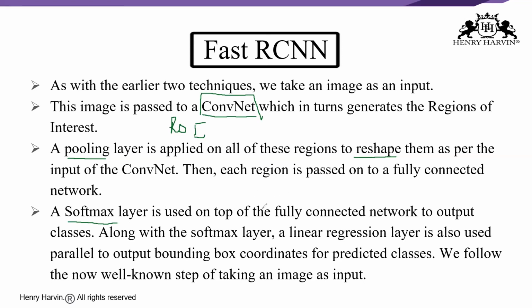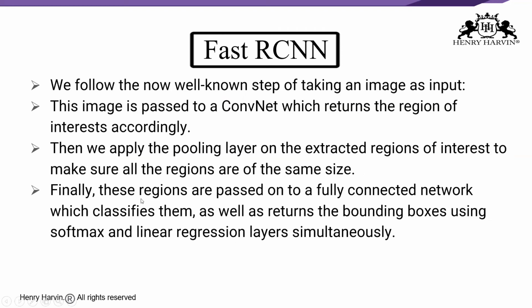How many outputs should there be? That depends on the number of classes of the data set that we are using. Along with that, we will also use linear regression so that we can get the bounding box coordinates. So instead of using three different models like in RCNN, we can use a single model that extracts all the features from the regions, divides them into different classes, and returns the bounding boxes for the identified classes.